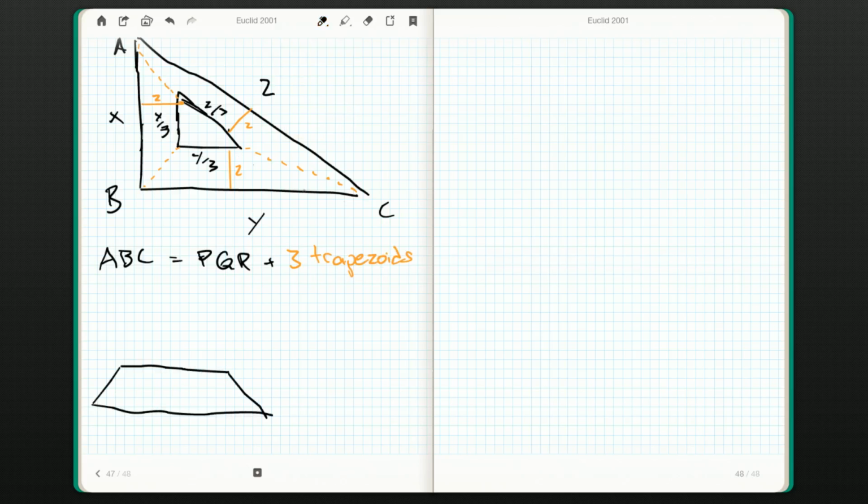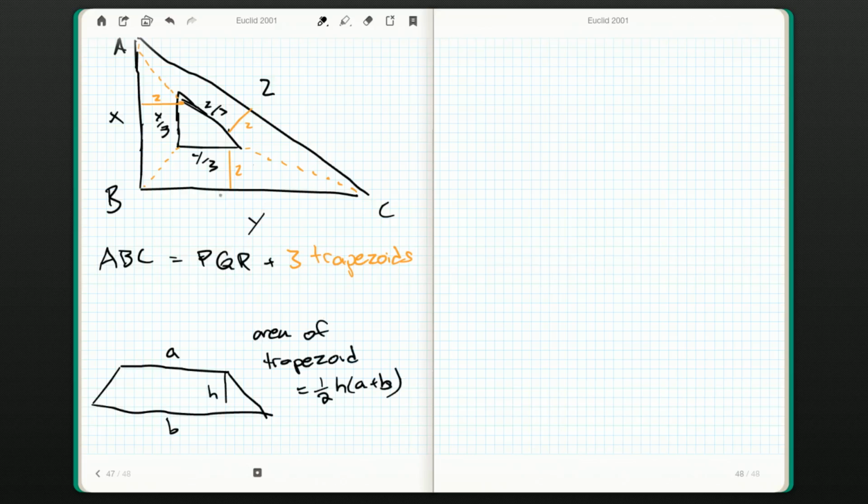So we know the 3 trapezoids have to constitute 8/9 of the total area. So if we know we have A here and B here, and we have a height h here, the area of the trapezoid is 1/2 h times (A plus B). Okay?